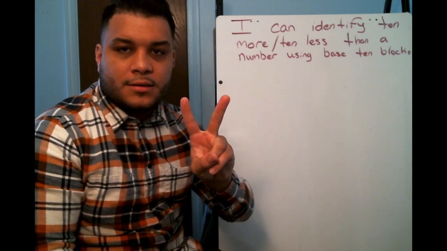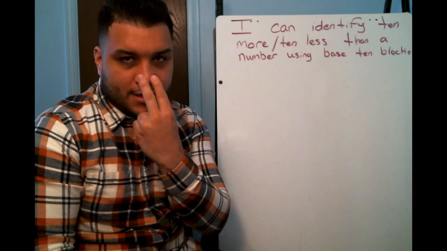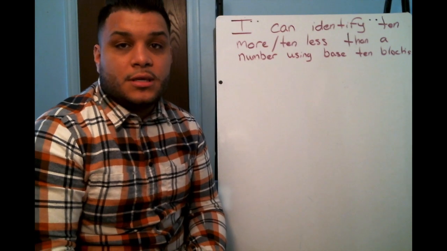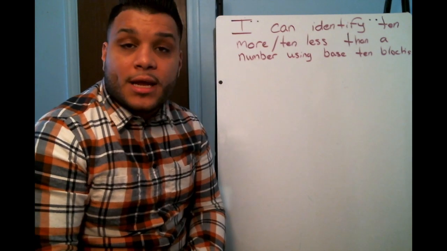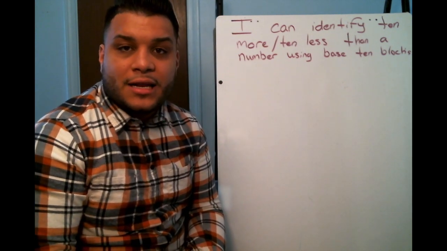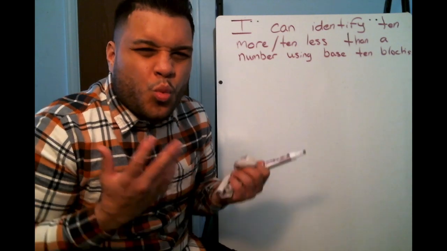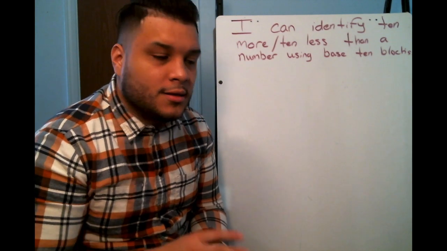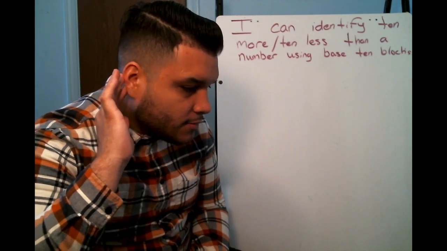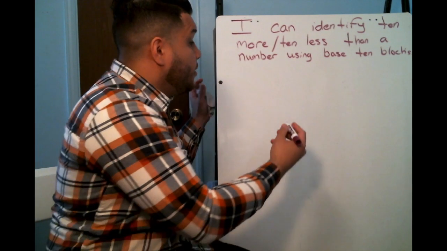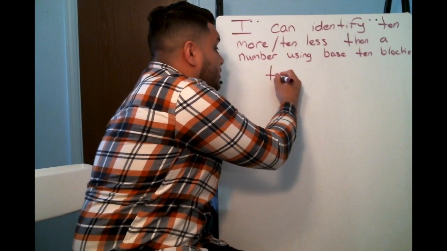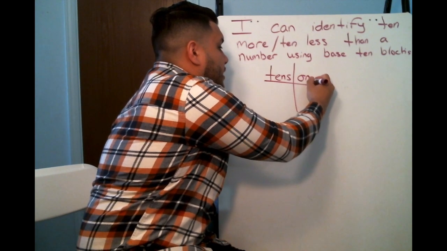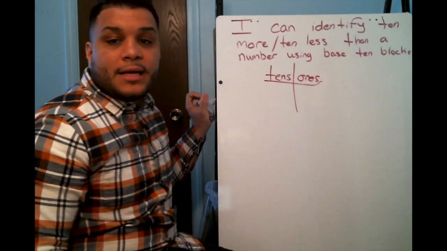Show me with your fingers. Put it on your chest. Put it on your nose. Yes, 2 place values. Today, we're going to be working with 2 different place values. Can you whisper to me what 2 place values do you think we're going to be working with today? I think I heard it. We're going to have a tens place and a ones place.